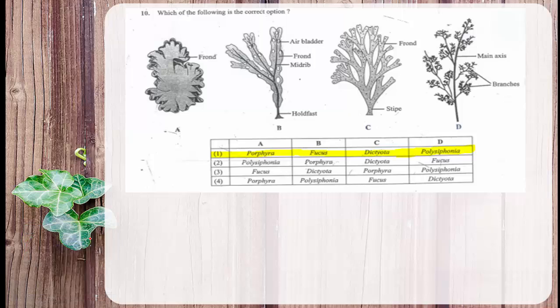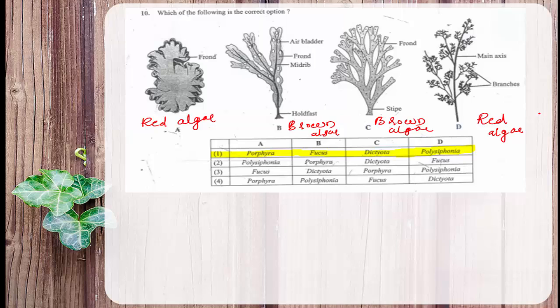All these are members of algae, but they belong to different classes. See, porphyra belongs to red algae, and fucus belongs to brown algae. Then dictyota also belongs to brown algae, and polysiphonia is once again a member of red algae.